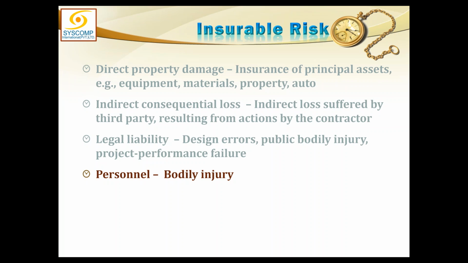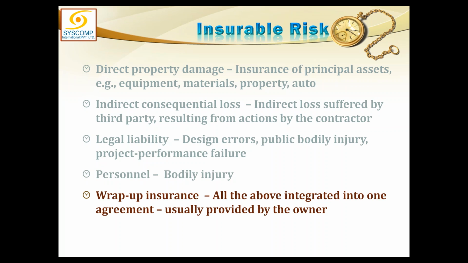So all these types of insurances can be put together into a wrap-up insurance plan in which your organization has insured all their properties against direct and indirect consequential losses, legal liabilities, and all the personnel are being insured for health as well as life. One single deal with the insurance company covering all of these aspects would be called a wrap-up insurance.